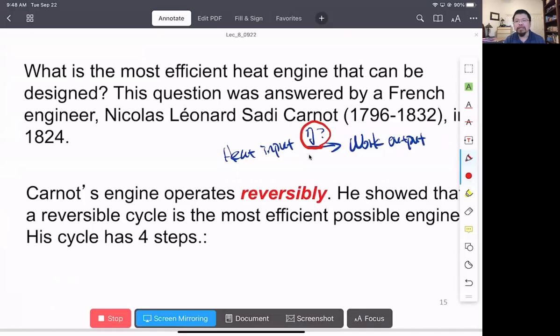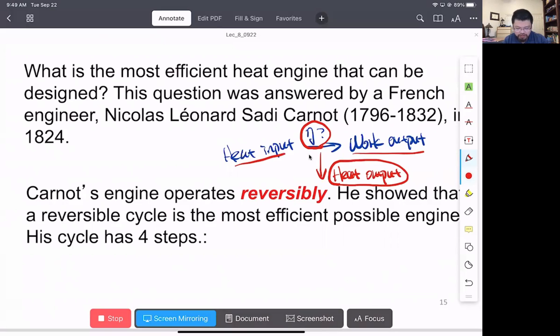At his time, we already had the understanding of the second law of thermodynamics. That is, we cannot have 100% conversion. So somewhere we are going to waste some heat. We're going to have some heat output. And then we just need to figure out what would be the maximum efficiency regarding the 3 energy forms.